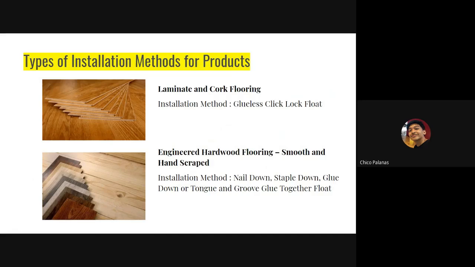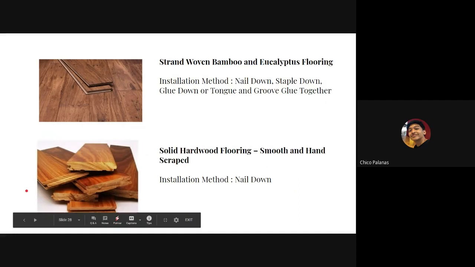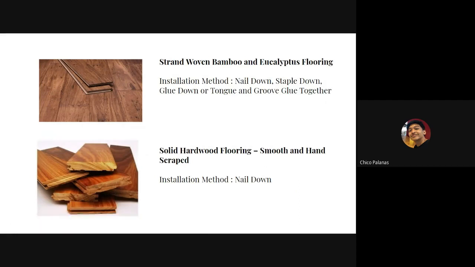Next slide, please. For strand woven bamboo and eucalyptus flooring, the installation method is nail down, staple down, glue down, or tongue and glue together, the same as the previous one. For solid hardwood flooring, smooth or hand scraped, the installation method should be nailed down because it is thicker than the other types of planks.